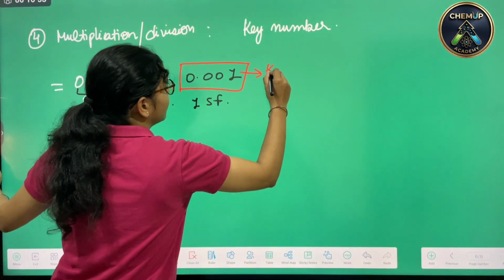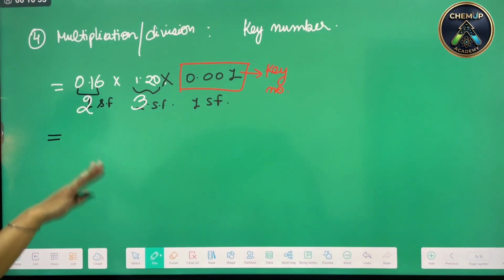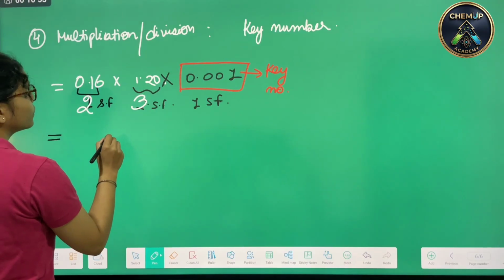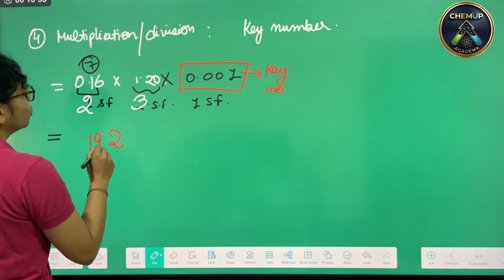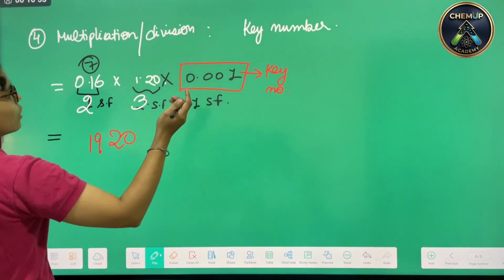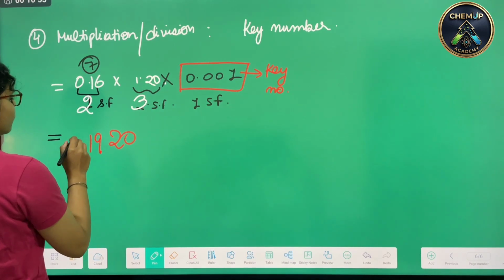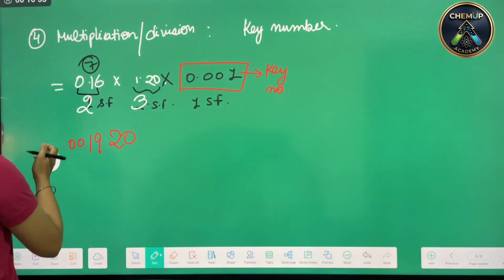According to this key number, the answer should be left like this. So the answer goes like 12 6 7 12, 192 it will give you, and let's place 0 as well. Let's count the point. 1 2 3 4 5 6 7. Like this the answer is coming.